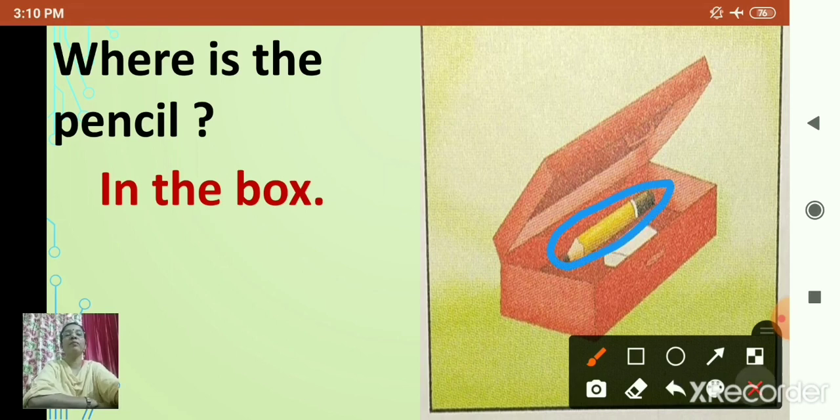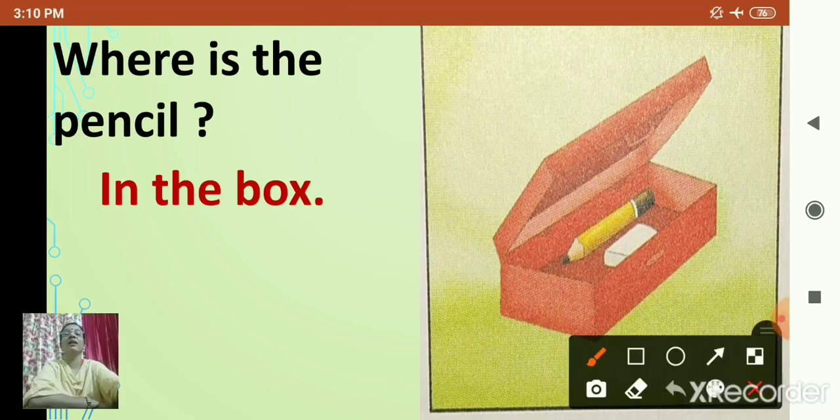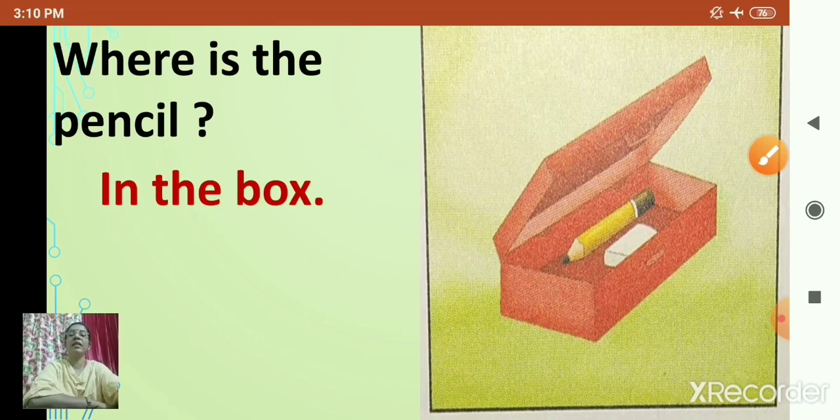Now, what does "in" tell us? You can see "in" here. So, where is the pencil? In the box. Now, what does this word "in" tell us?